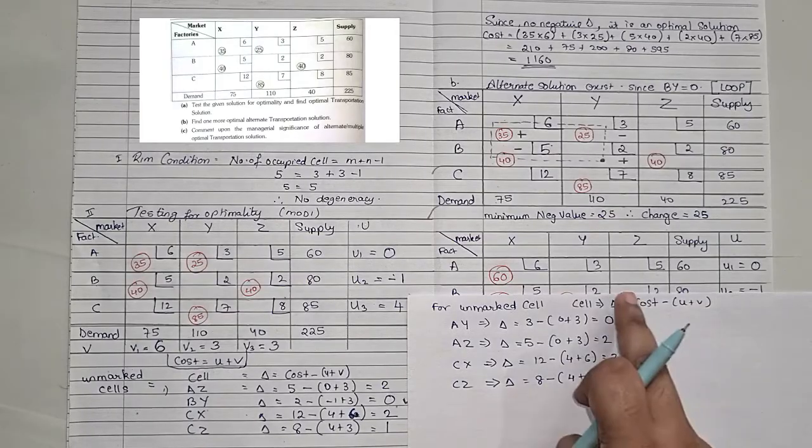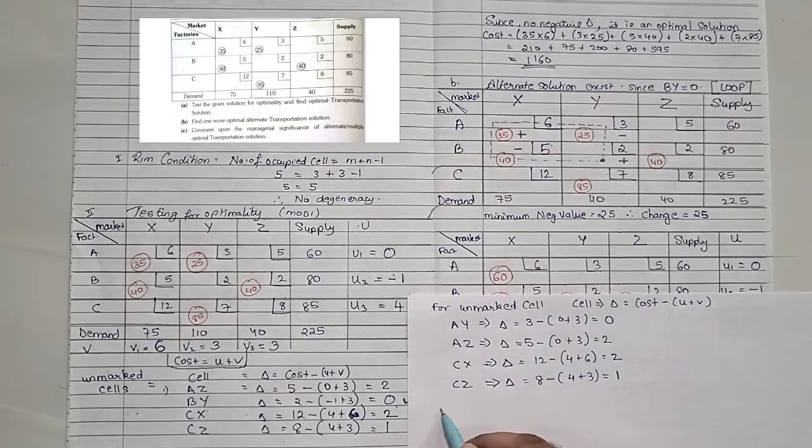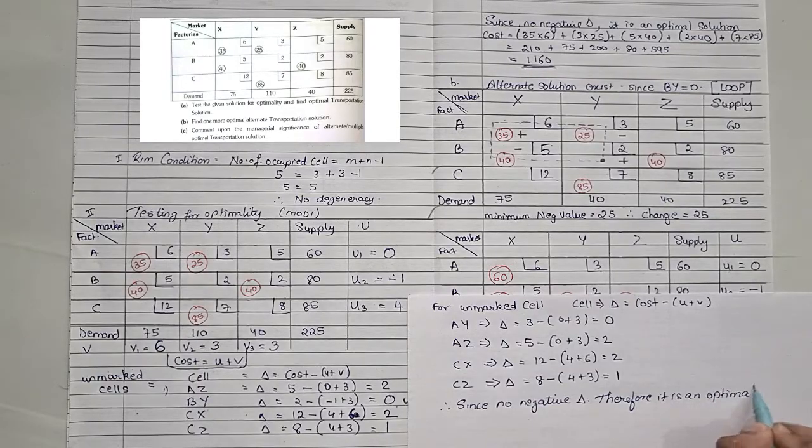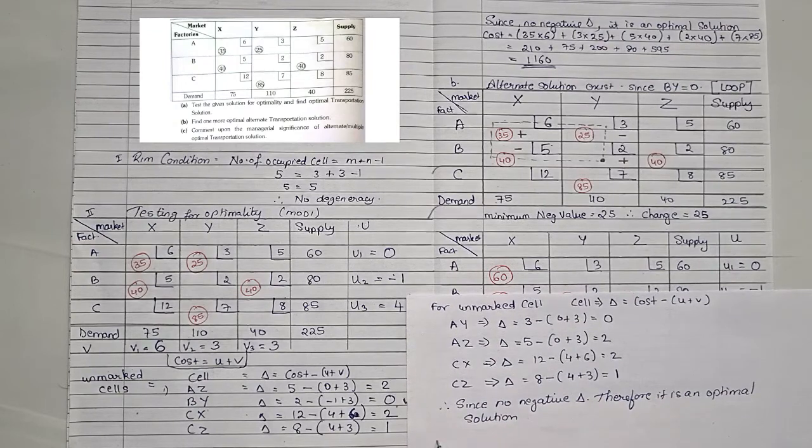Now since all the values are positive, there is no negative change, therefore it is an optimal solution. Since it is optimal, I can find the total cost.